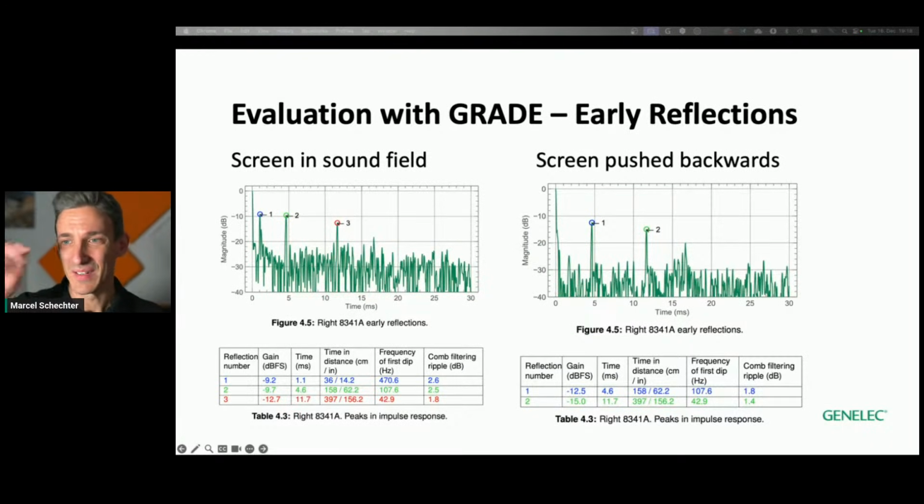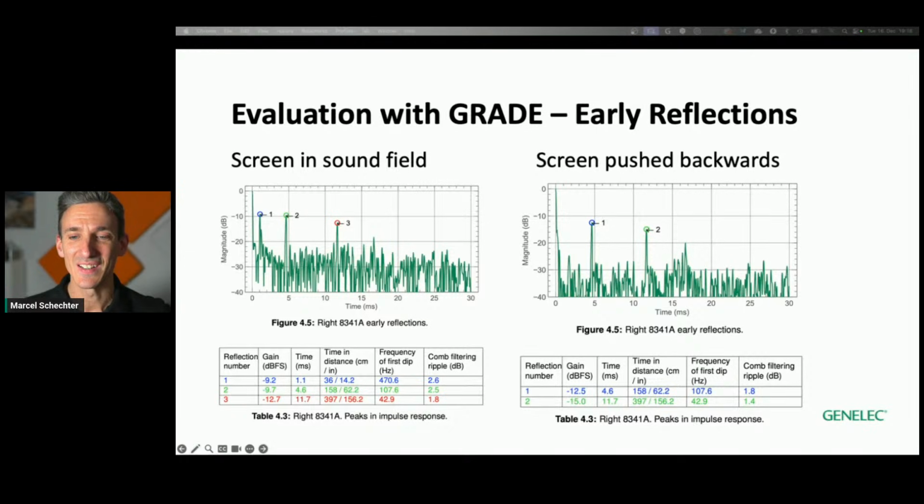And this is one more example how you can evaluate using the early reflections. This is not that easy to see, but I think probably you can spot on the left side, there's something marked 1. And this is relatively high, so this is higher than 10 dB. So this is an early reflection that is relatively high in comparison to the direct signal. And this was because I just, for demonstration purposes, moved my screen in the sound field.